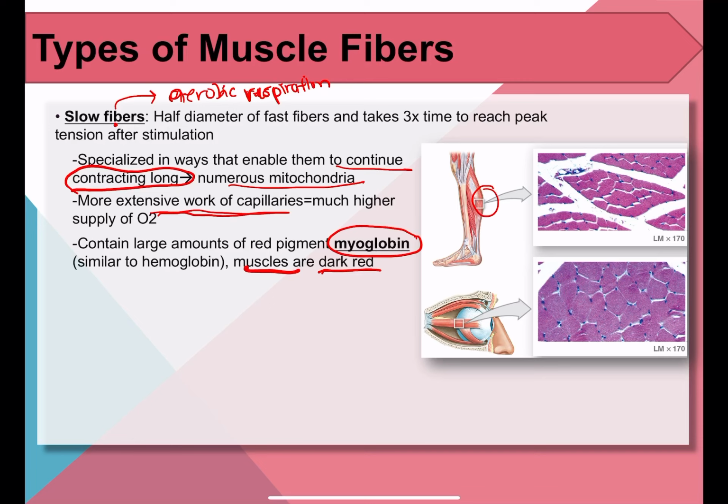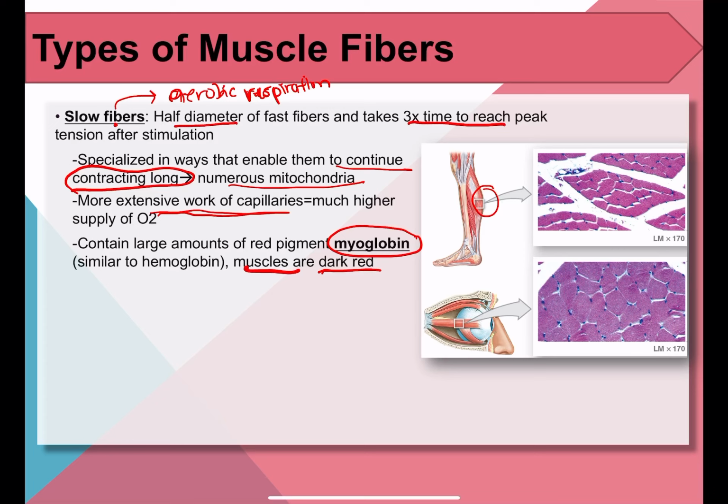The other thing about slow fibers under the microscope is they usually have a smaller diameter and take about 3 times as much time to reach peak tension after stimulation. So that's why when we were comparing the twitch time duration between your eye muscle, gastrocnemius, and soleus, there was such a big difference in the time period of the twitch, because it depends whether they are slow fiber or fast muscle fiber.